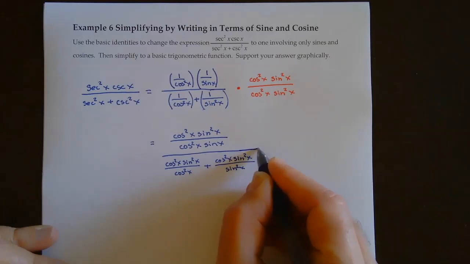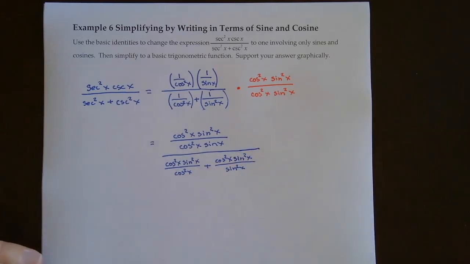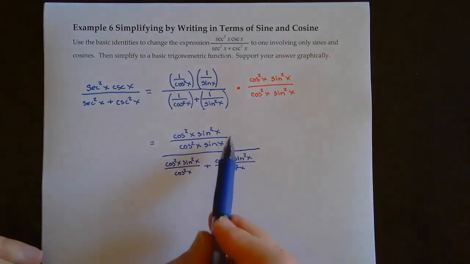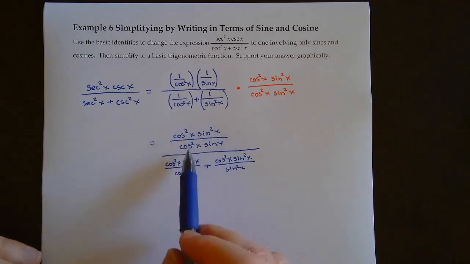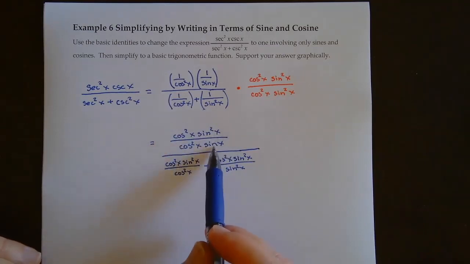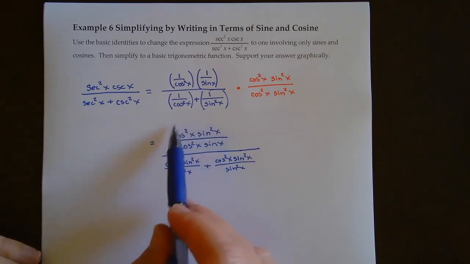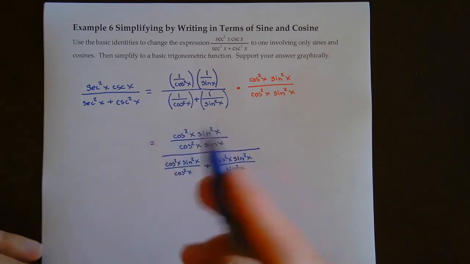Extend my main fraction bar a little bit there. Okay, what happens on this fraction? Well, the cosine squared x's cancel. This sine x cancels with one of these, so this becomes just simply sine x. The numerator is going to become sine x.